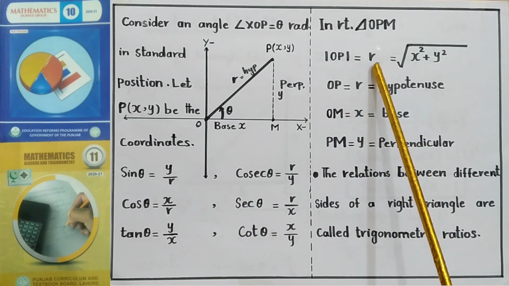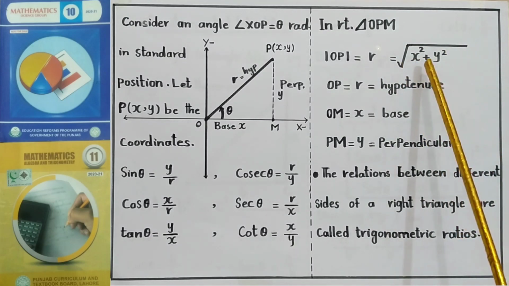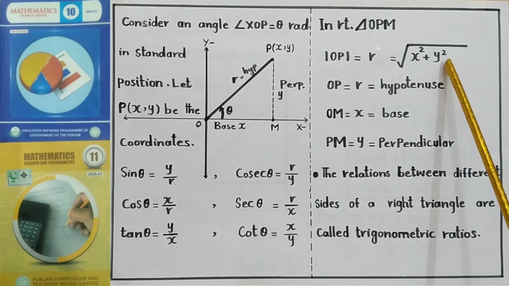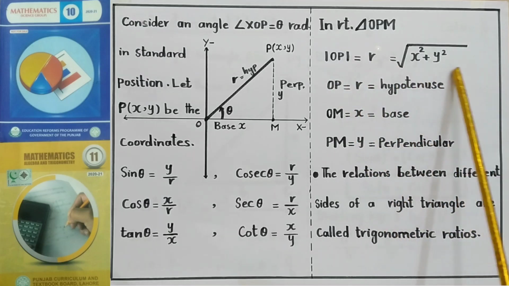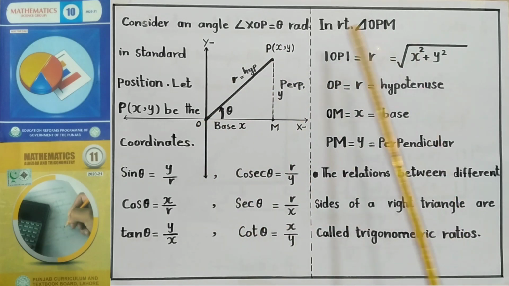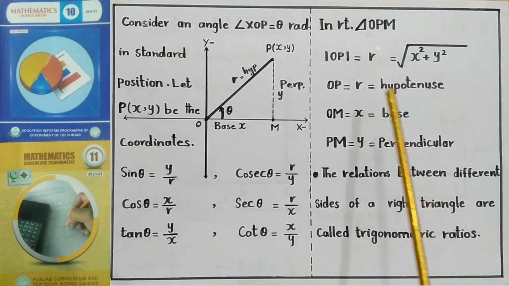OP is equal to r is equal to the square root of x square plus y square, that is, square of the base plus square of the perpendicular, under root. It can also be calculated by the distance formula, square root of x minus 0 whole square plus y minus 0 whole square. It is also called Pythagoras theorem.